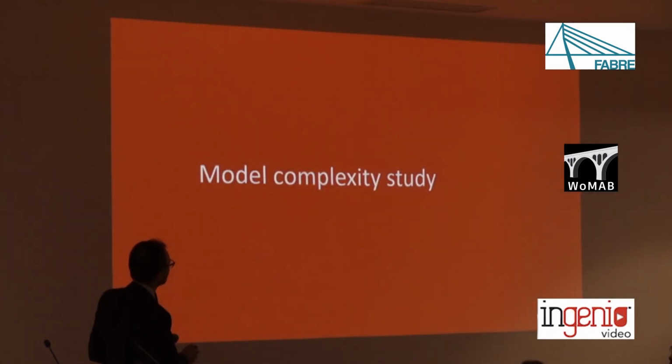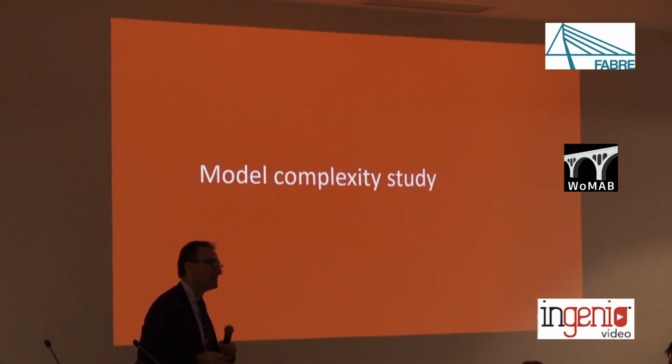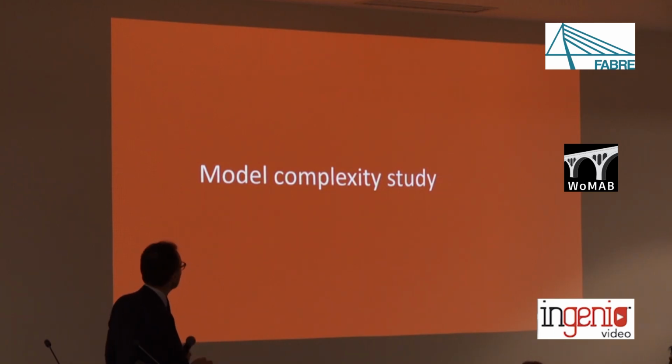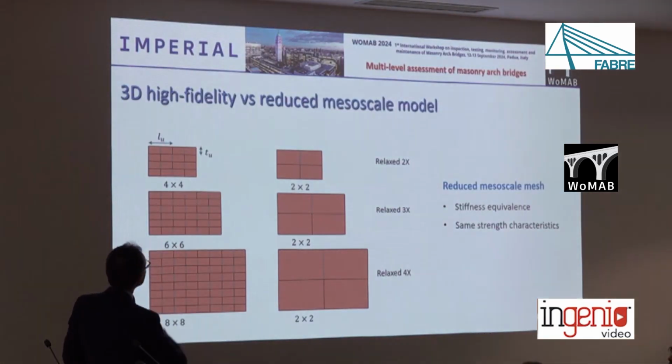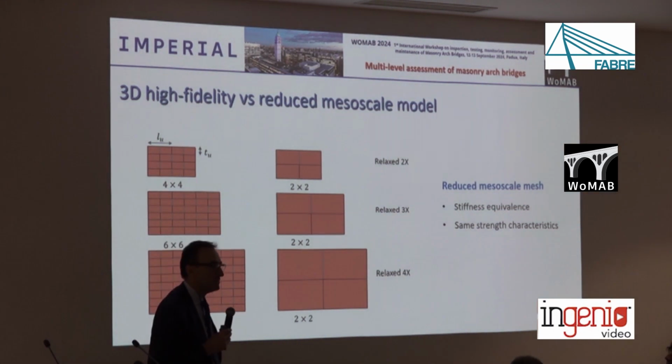So model complexity study is another interesting application of high fidelity models, just to stress the limitations of more simplistic and efficient approaches. So in the first example, I consider a relaxation of the mesoscale mesh.